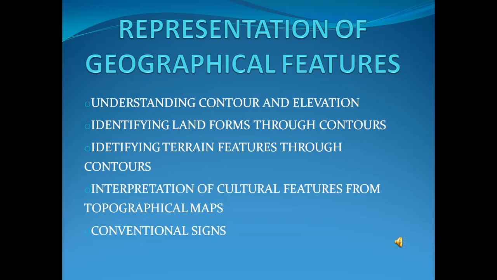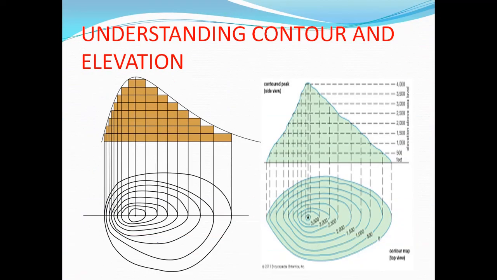Here one hill or mound has been shown, and how the contour lines have been drawn with different elevation levels. Look at the slopes. Different heights have been drawn and shown exactly in that drawing, and it will give a very detailed idea of the elevation.